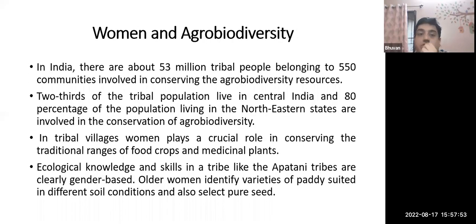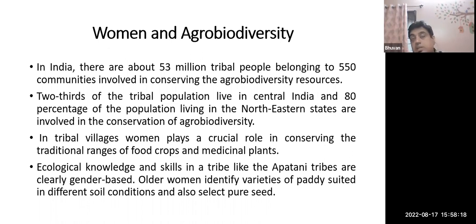Here we will talk about the role played by women folk in the conservation of agrobiodiversity, especially the tribal women. They play a major role in that. In India, we have 53 million tribal people, especially concentrated in central India, the northeastern region, and also in the Andaman and Nicobar Islands. And here we can see the tribal women play a major role.